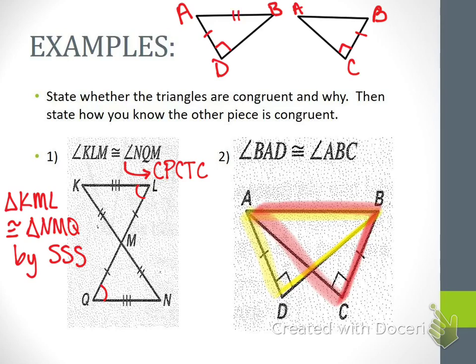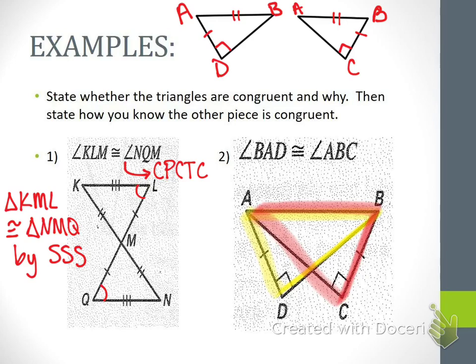So they have that side in common with each other by what property? Reflexive. They're congruent to itself by reflexive property. And now, I think I heard somebody say it, which way could I prove these triangles congruent? HL, now that I've shown that.